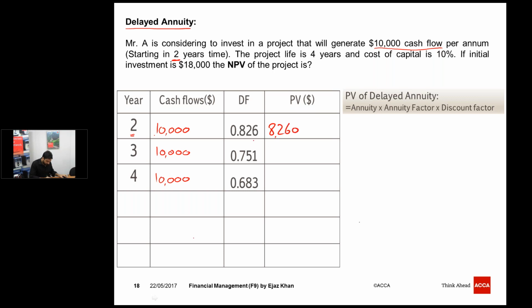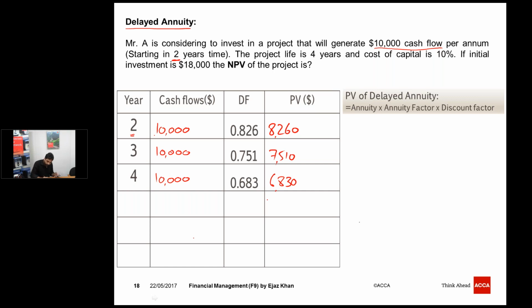8260, 7510, and 6830. So let's sum all these together. 8260 plus 7510 plus 6830.